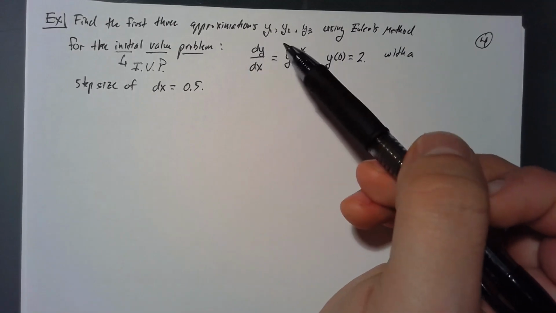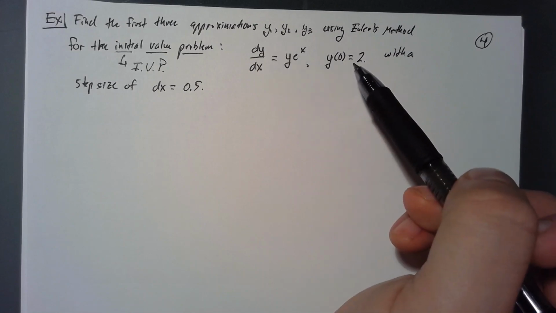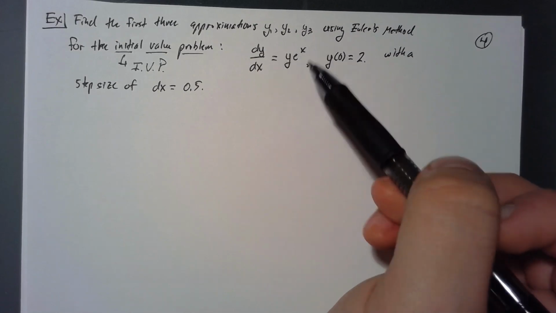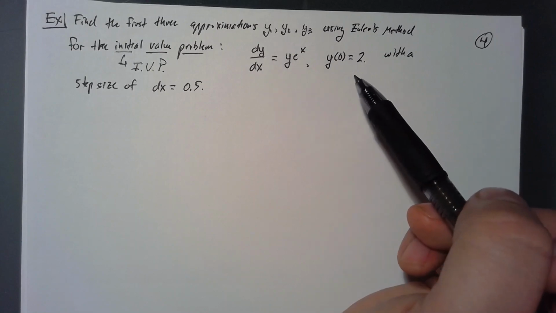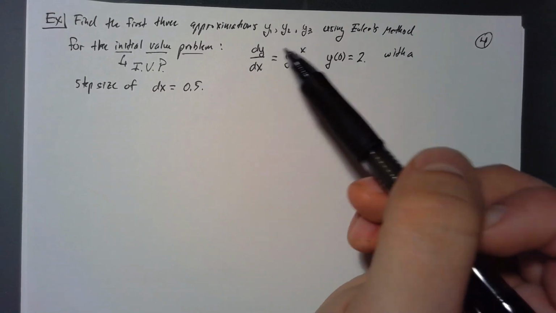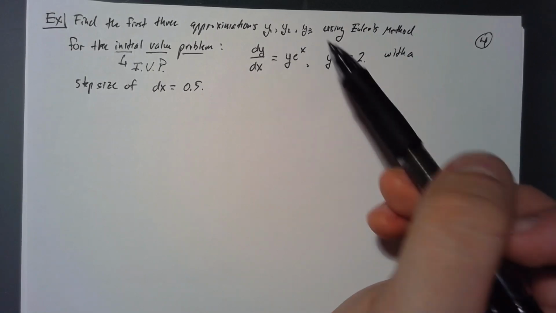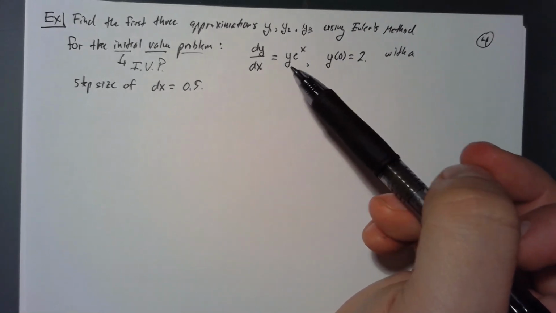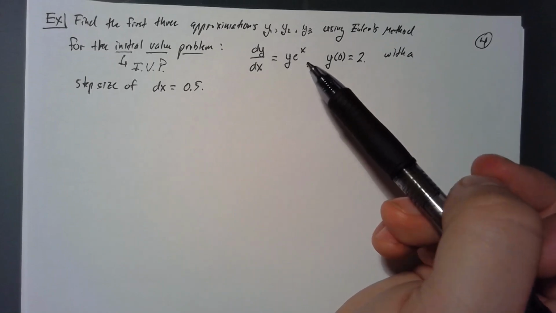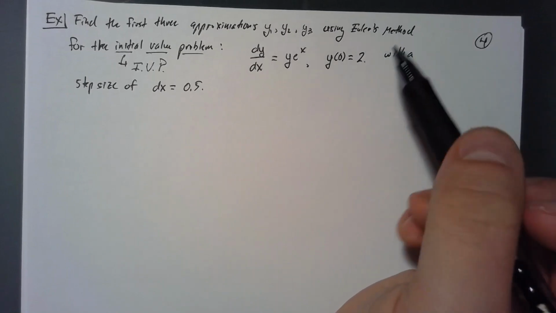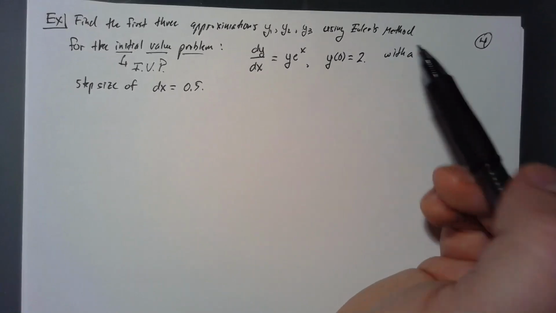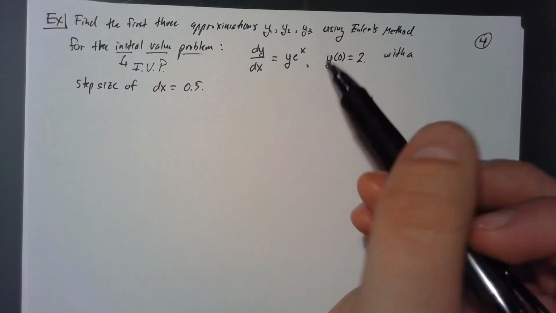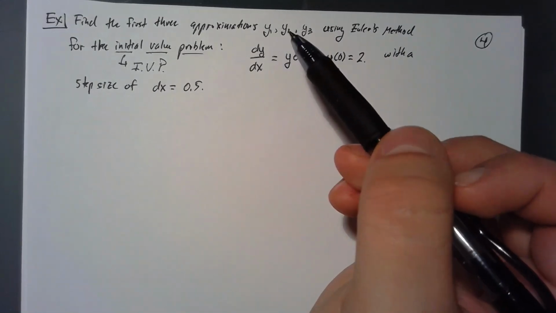And you could solve this, and then plug in the initial condition to get the value c for the constant, and you'll get a function, right? And then if you plugged in a value, you could compare that to the approximations. So yeah, you could compare the exact solution versus the approximate solution, but we're not going to do that. We're going to use Euler's method. So I want to find the first one, then the second one, and the third one.